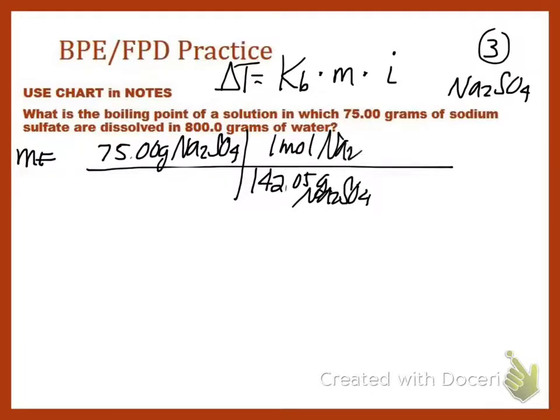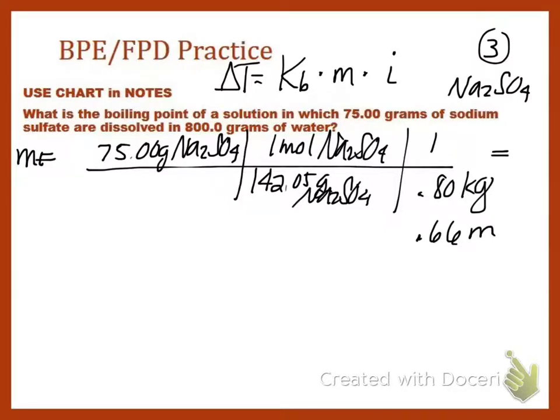Now I'm in moles, so I'm going to divide by the kilograms of solvent, which is 0.8. So I do all that, and I get a molality of 0.66 little m. So now I can plug it into this equation.